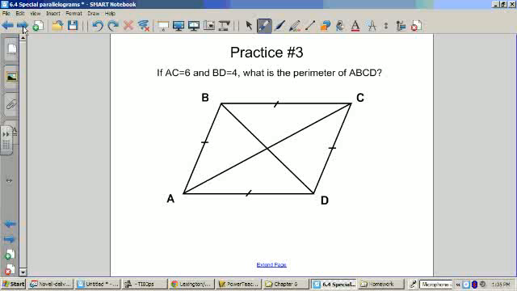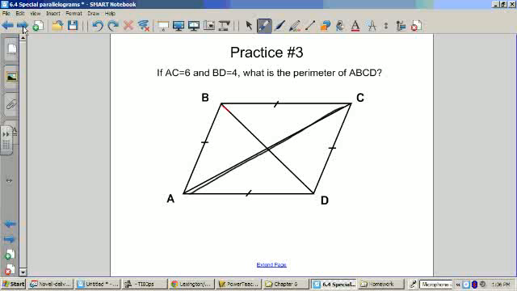Practice number 3. If AC is 6 and BD is 4, what's the perimeter of ABCD? Pause the video now and solve. AC is 6, so this big diagonal is 6.